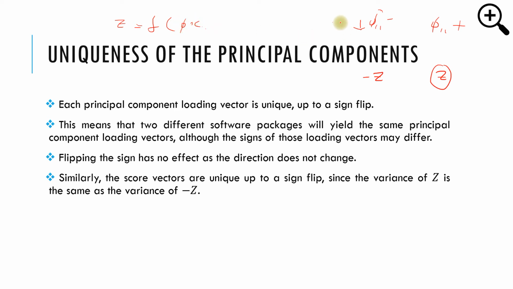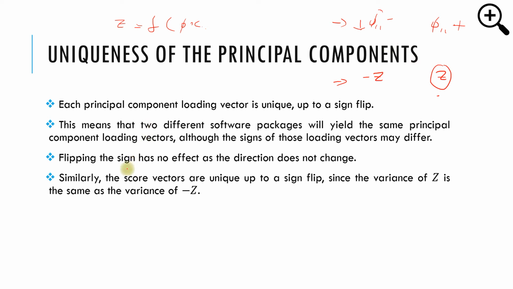So if you have a negative sign here and a negative sign there, they will offset themselves into a positive sign, like positive, positive. So if one is giving you positive and the other is giving you negative, it's not a problem as such, because the interpretation will turn out to be the same in the end.